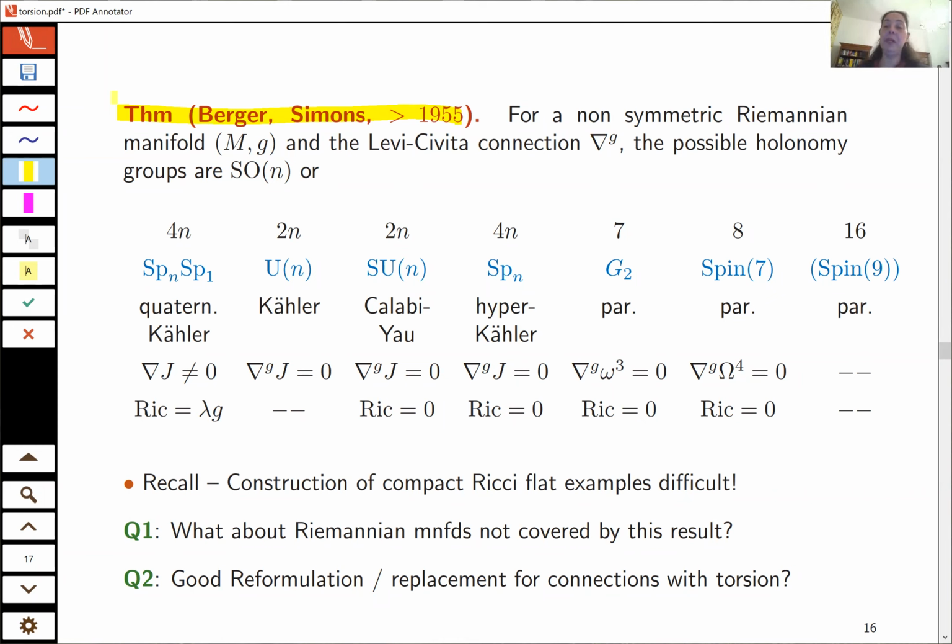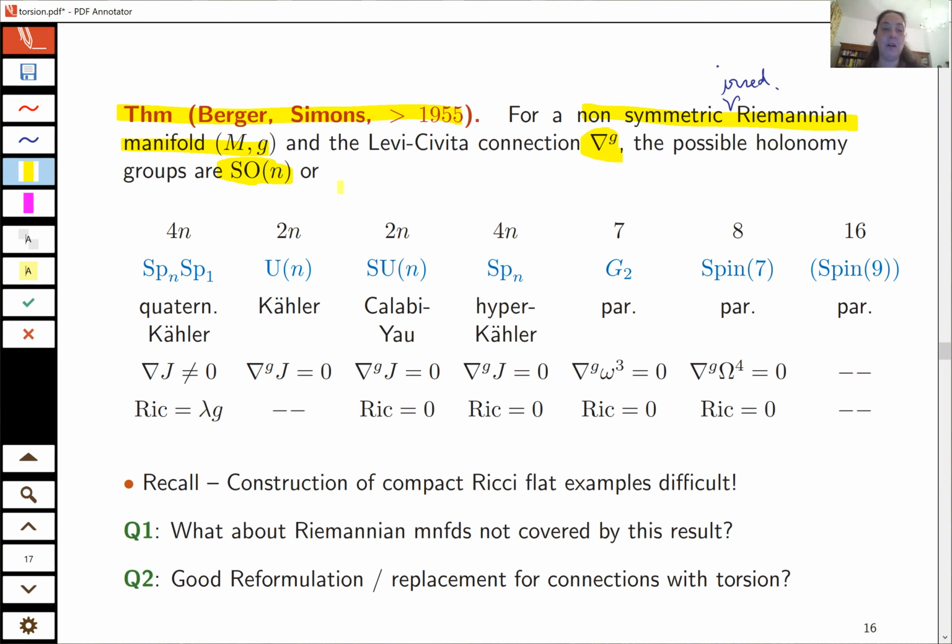Given a non-symmetric, irreducible Riemannian manifold (M,g), and fixing for the moment the Levi-Civita connection, the possible holonomy groups are either the generic case, namely the full orthogonal group SO(n), or one out of a list which is rather short.